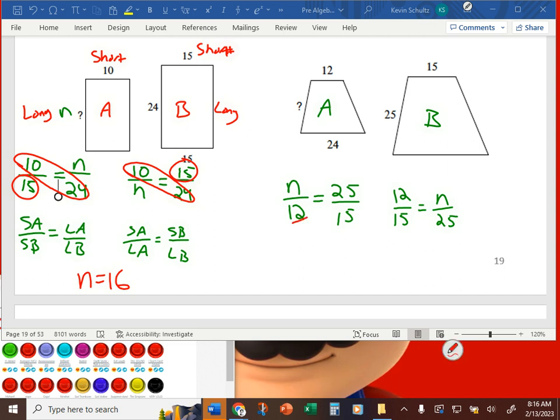Cross products in both cases, 12 times 25 divide by 15. Any others that you set up? There are several more you could do, just different variations of all of these things here. But anybody set up a different one? Reading, your hand was up. Did you have the same one as me up? Okay. Anybody else?